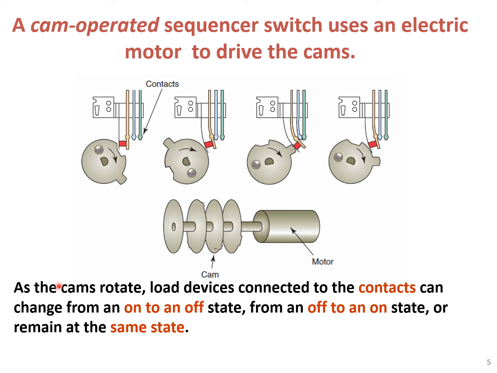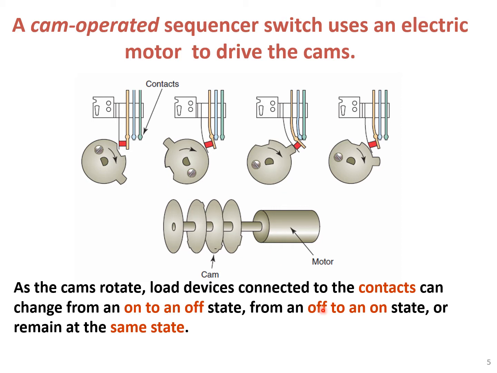Okay. As the cams rotate, load devices connected to the contacts can change from an on to an off state, from an off to an on state, or remain at the same state. Okay, so very similar also to the retentive time delay switches.